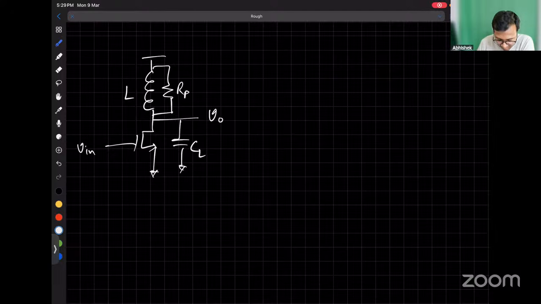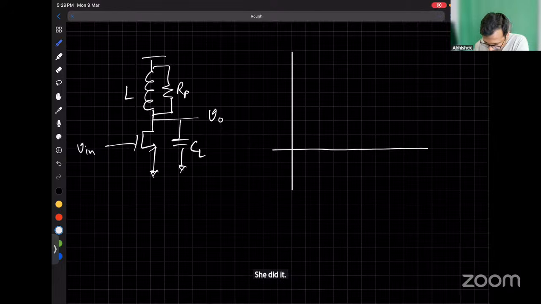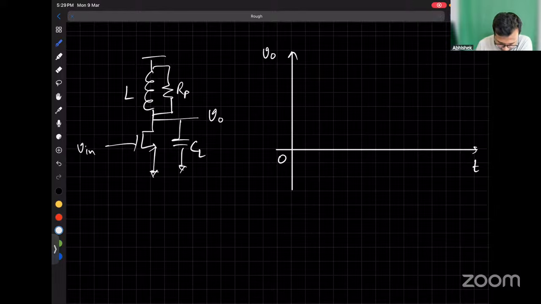So let's say we have applied an input and we are observing the output voltage. If you look at the drain voltage, which is also the V naught in our case, this is VD. Your V naught is the AC component, the incremental component.